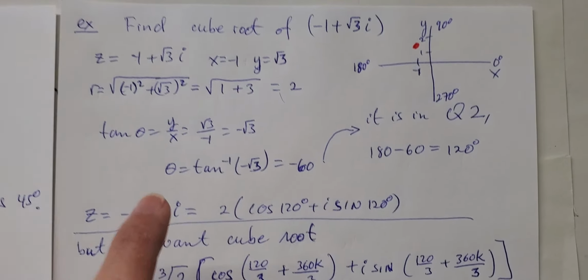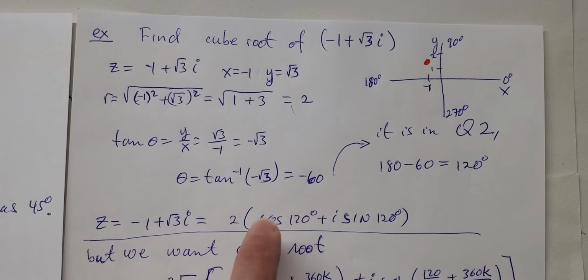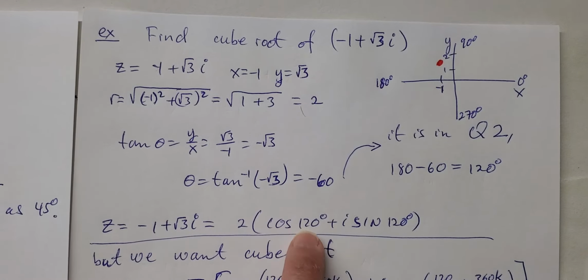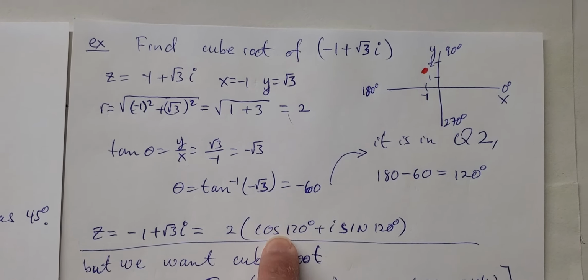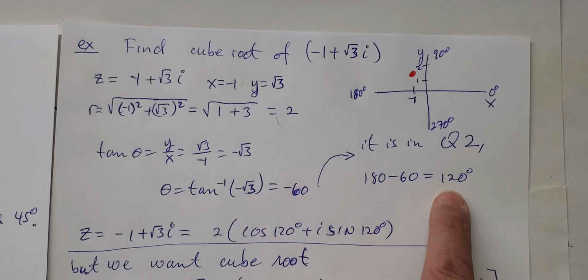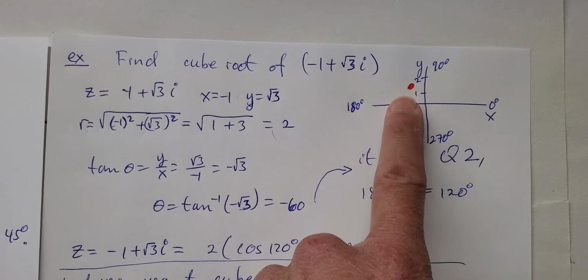Now rewrite this complex number into polar form. Again, r is always outside, followed by cos 120 plus i sine 120. Where did the 120 come from? 180 subtract 60, which is 120. This is the degree that we need because we are in the 2nd quadrant.